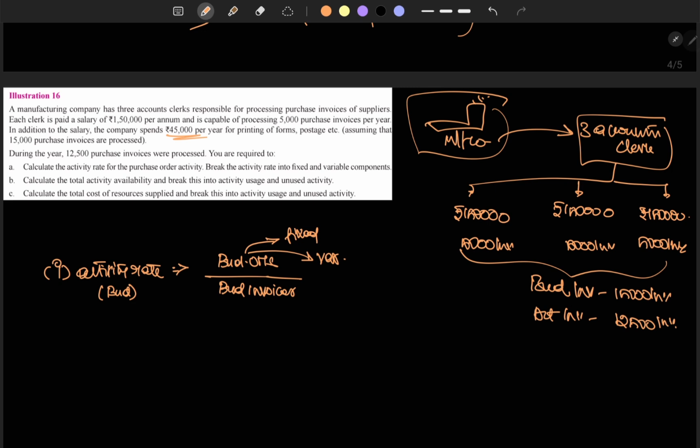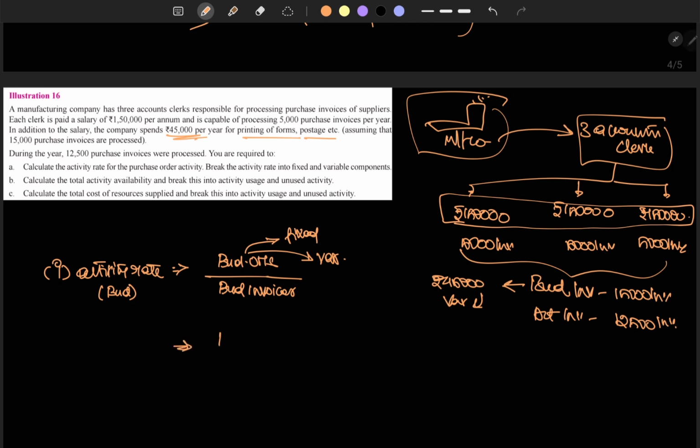So what's the fixed overhead here? The salary of all those clerks is fixed, and the rupees 45,000 spent on printing and postage, which is assuming 15,000 invoices, is variable. Based on the number of invoices processed, that's how the company will spend on printing of forms and postages.